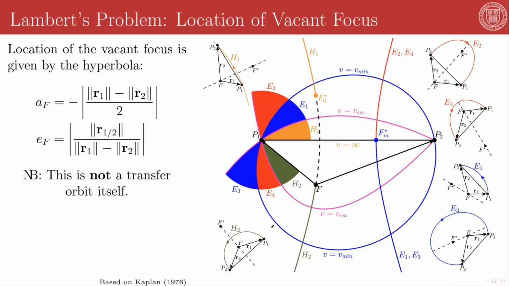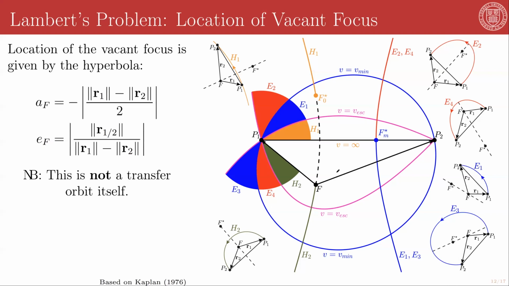And each of these is bounded on the other side by the single unique ellipse corresponding to the minimum energy focus. So on this blue bounding curve, the velocity is the velocity associated with the minimum energy ellipse. The other elliptical transfers, E4 and E2, are bounded by the other parabolic transfer, E4 on the bottom and E2 here on the top, and also by the minimum energy curve here.